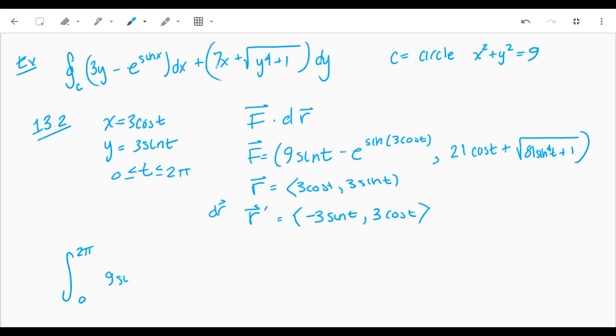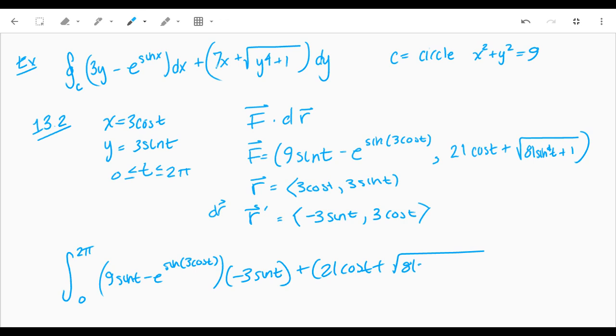We're going to have 9 sine t minus e to the sine of 3 cosine t times negative 3 sine t, plus 21 cosine t plus the square root of 81 sine to the fourth t plus 1 times 3 cosine t, and all of that dt. Anyone feel like doing that?